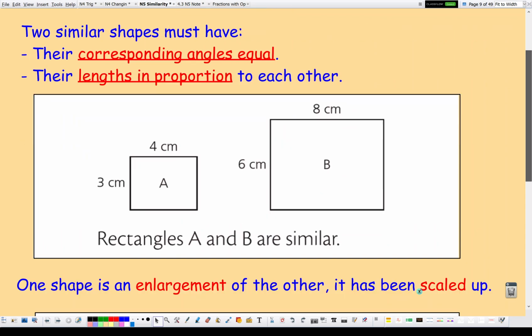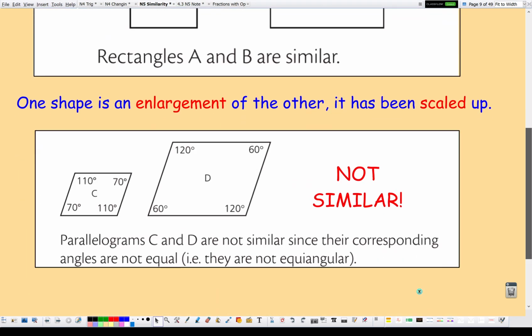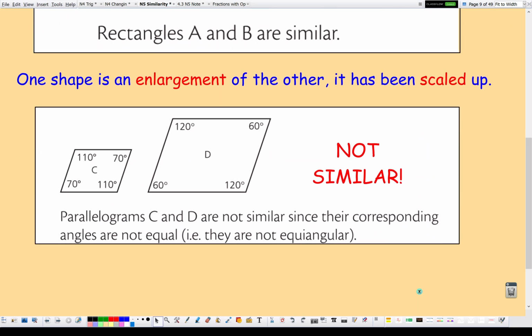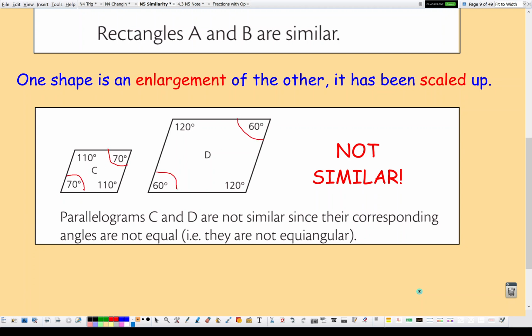And I've got a further example to show you of what are not similar shapes. If we look at these two, I'm starting with a parallelogram in C, and I've got these angles here, 70, 70, 110, 110. And in shape D, it looks pretty similar, but the angles have changed. So the corresponding angles, the red ones, are no longer the exact same.